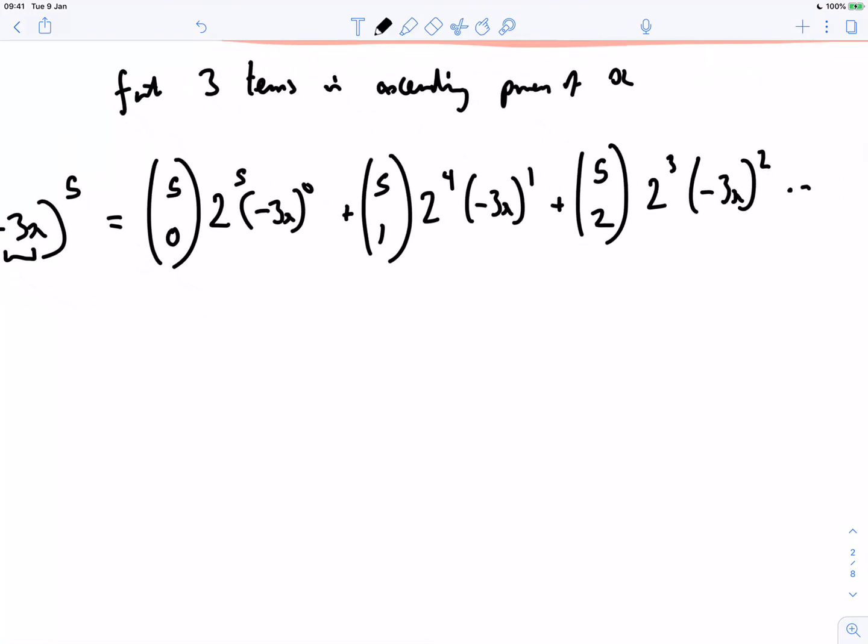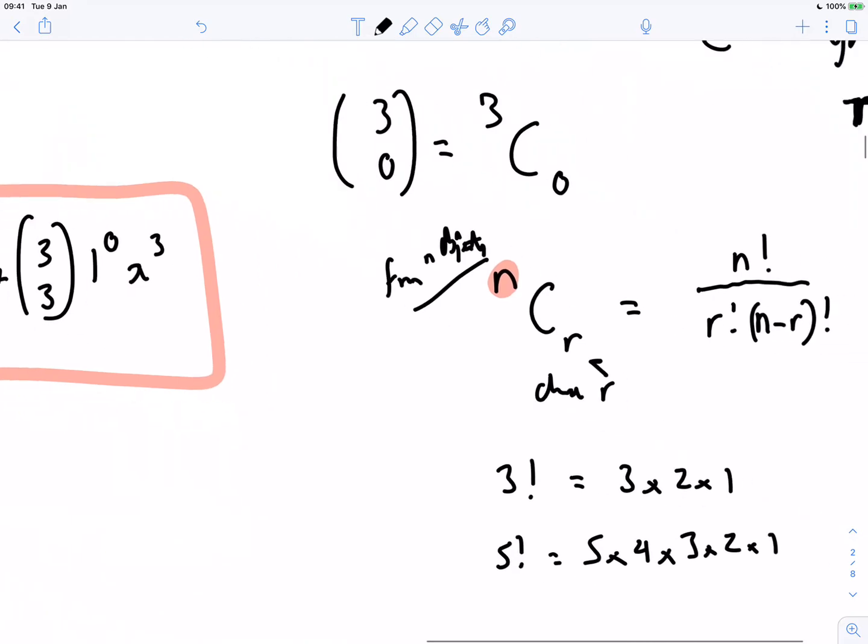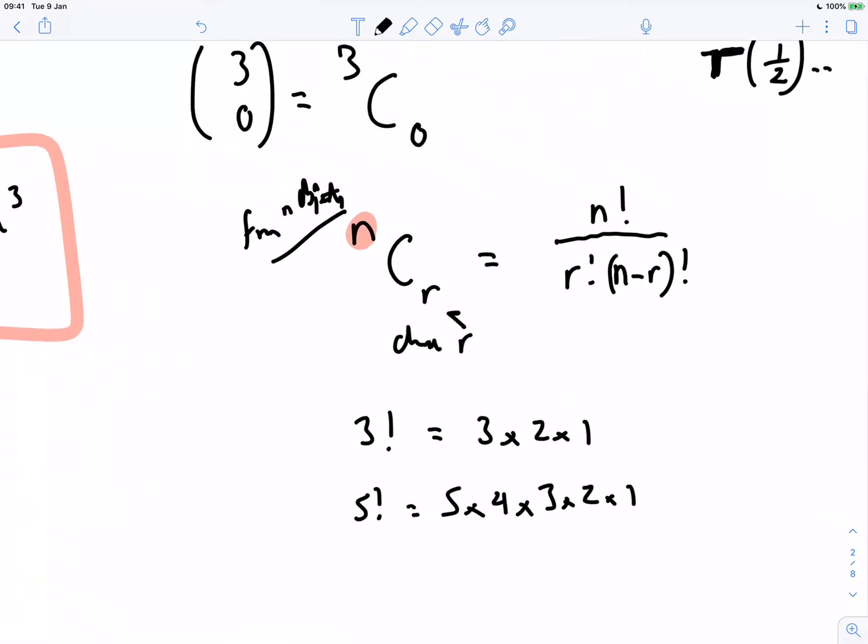Okay, let's crack on. So 5 choose 0 is 1, because another philosophical way of asking that question is, I've got 5 objects, how many ways are there of choosing none of them? Well, there's just one way, don't pick anything. And by the way, if you're curious, and I did say in the other video, 0 factorial is 1.